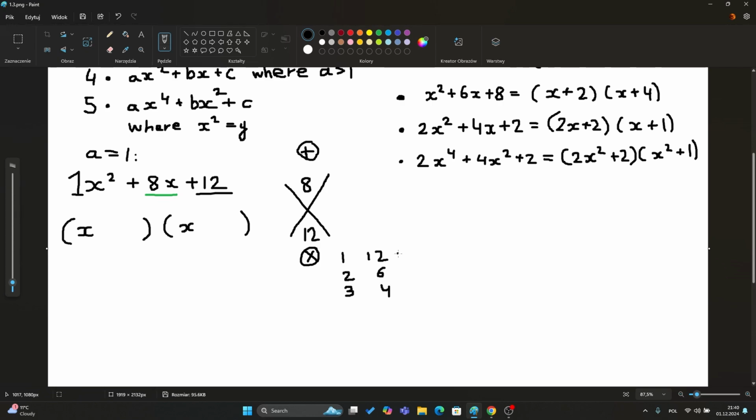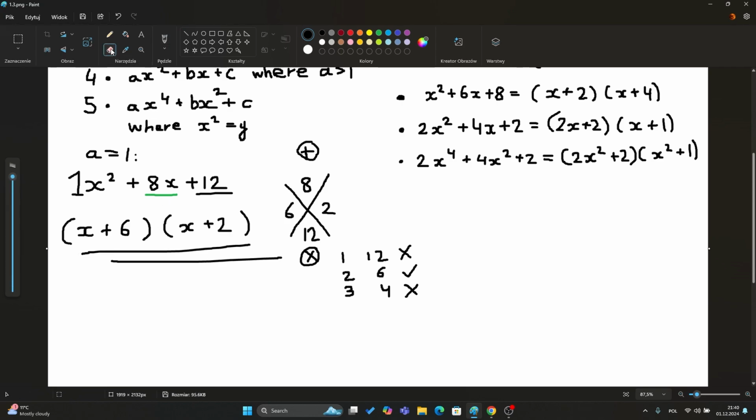So now we choose one of them to add to get 8 and multiply to get 12. So 1 and 12 will not work, 2 and 6 will work, and 3 and 4 will not work. So 2 and 6 works because 6 plus 2 is 8 and 6 times 2 is 12. And therefore we put this in here, 6 and 2, and therefore we have our factorized expression.